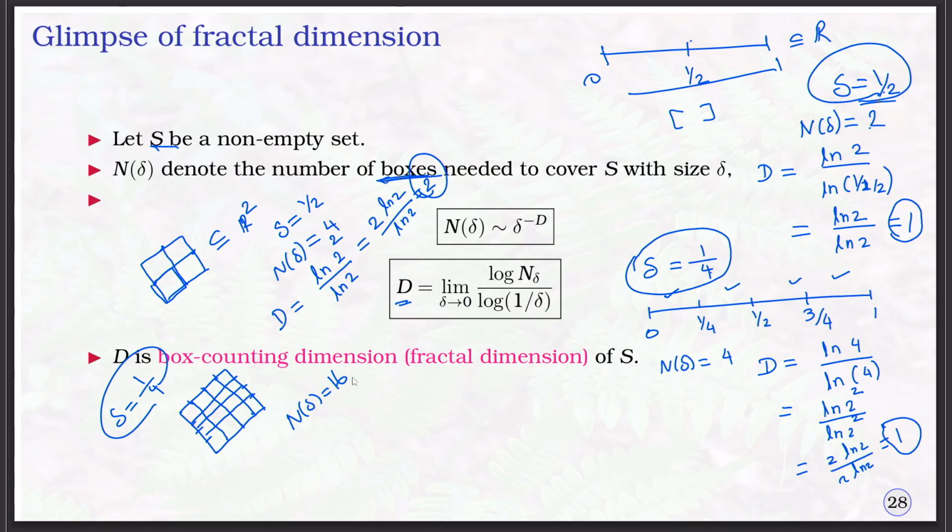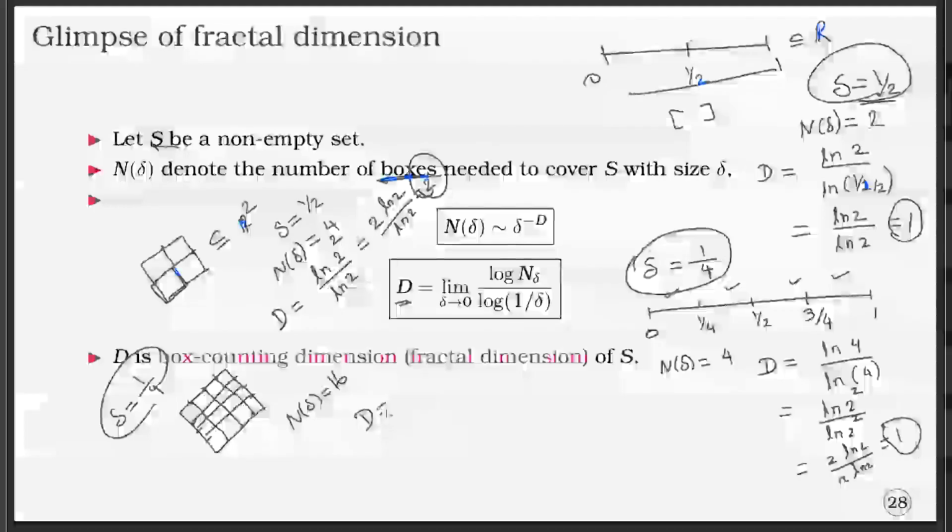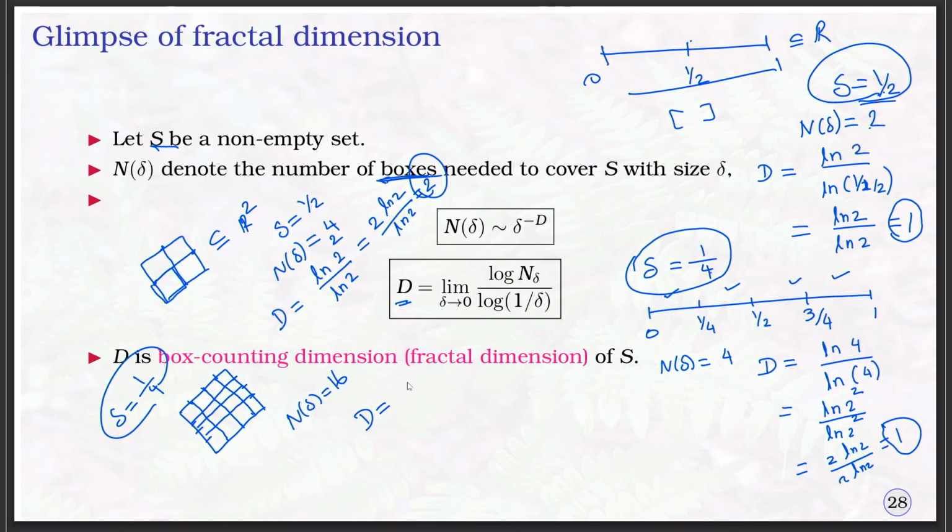16. If you are finding the fractal dimension for this one, again you will get 16, we can write 4 power 2, and here ln 4, again you will get 2 times ln 4 by ln 4, then one can get again the fractal dimension is the same.